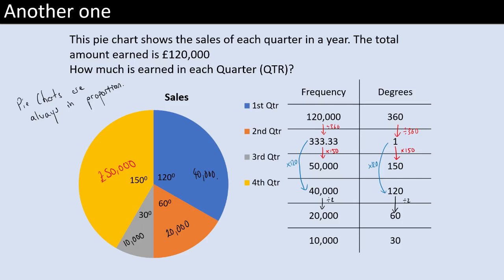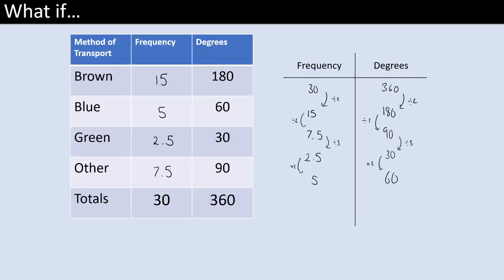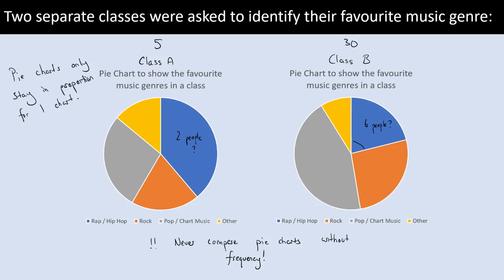Or how much frequency do I need for 1 degree? Okay, and that will generally get you on your way. Even when you're comparing pie charts like this, ask yourself that question. How many people are in each section? Only then can you compare them.